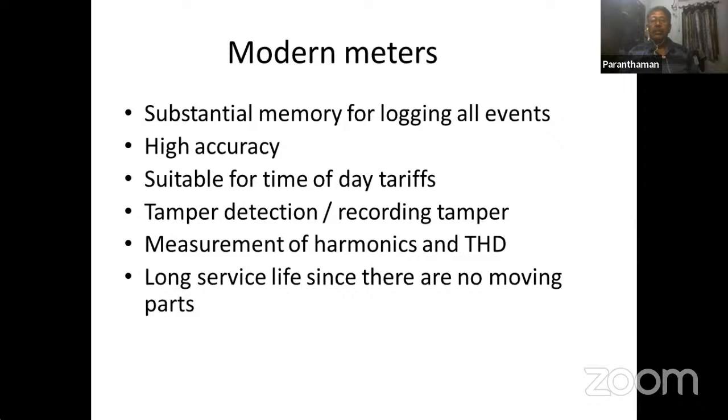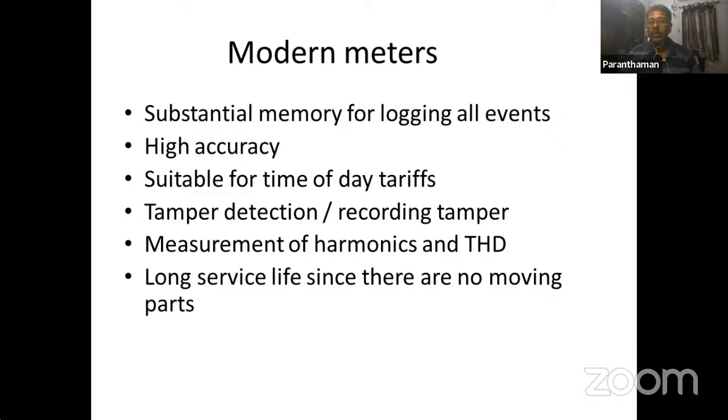Long service life, since there are no moving parts. While typing this, I thought of the old ceiling fans. They are all moving, but still they are running smoothly for more than 50 years or so. The moving part and non-moving part are both acceptable, but it's the quality of the product that extends the life.